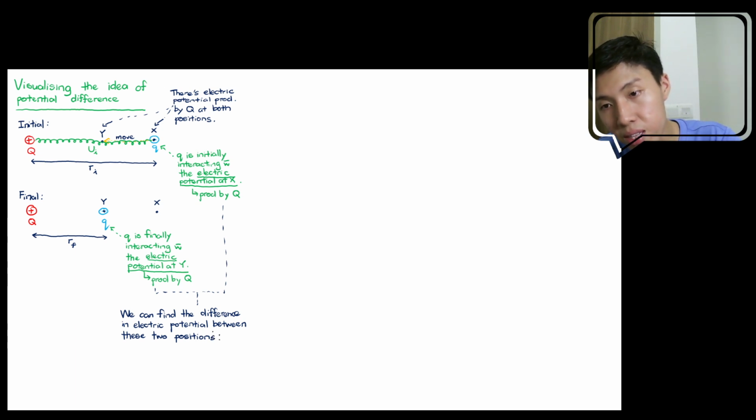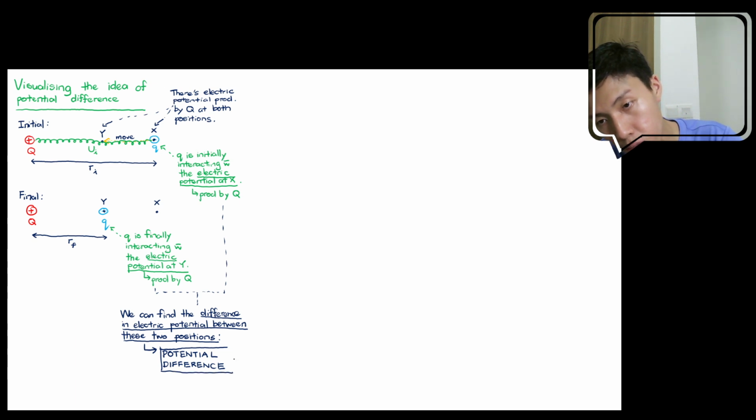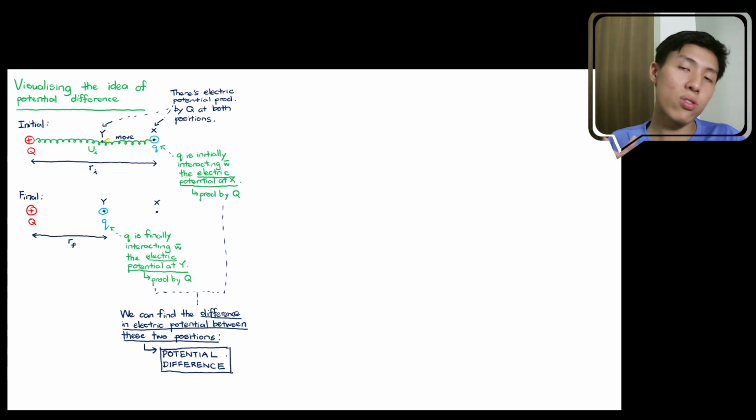And this difference in electric potential between two positions is what we call the potential difference. So that's why we talk about potential difference.